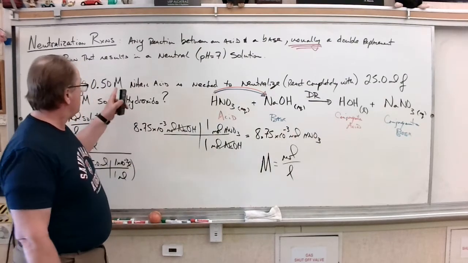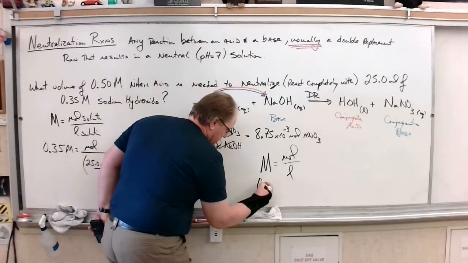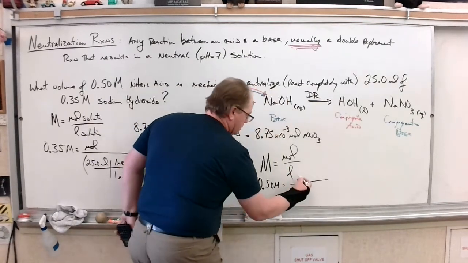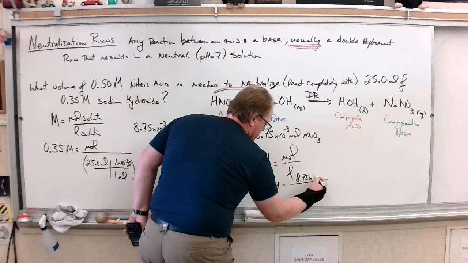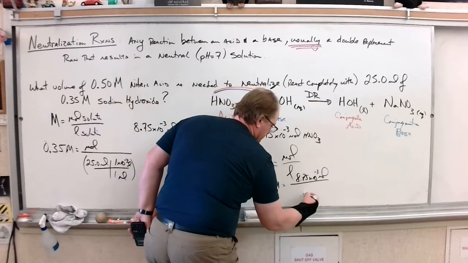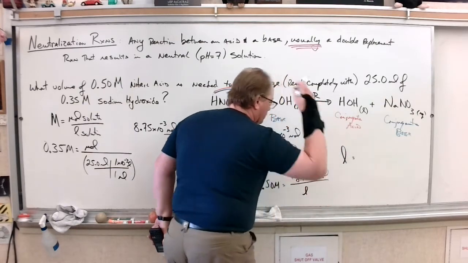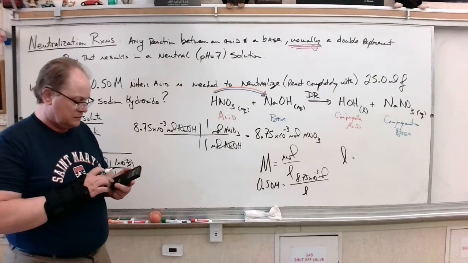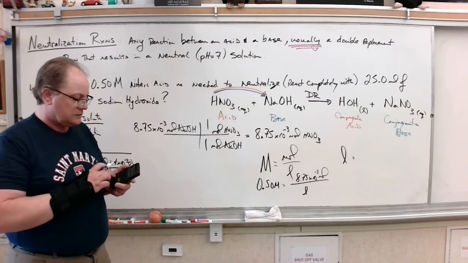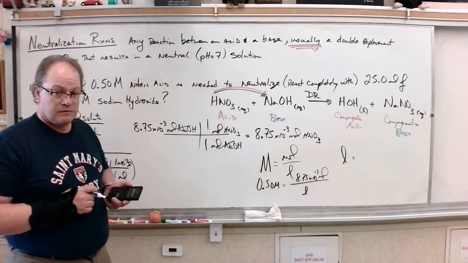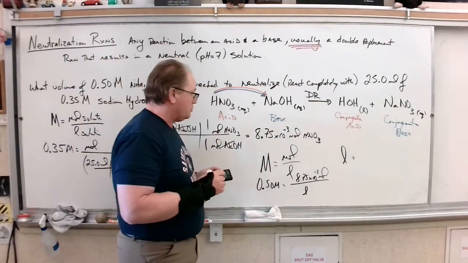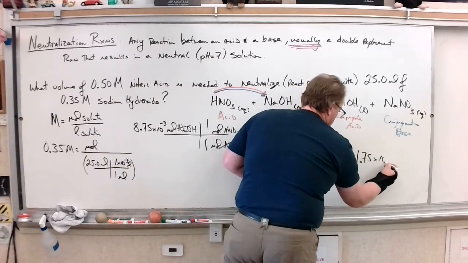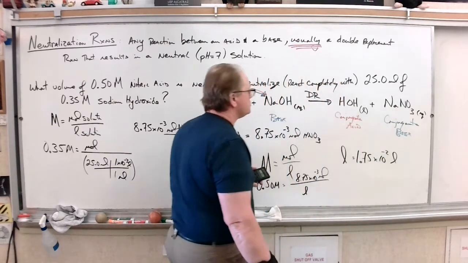This time, though, it's for the nitric acid. 0.50 molarity. 8.75 times 10 to the minus third moles. And I'm going to go find my volume then. And when I do that fancy math, 1.75 times 10 to the minus second liters.